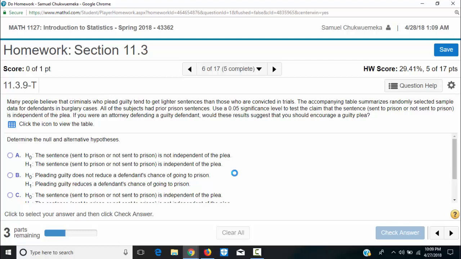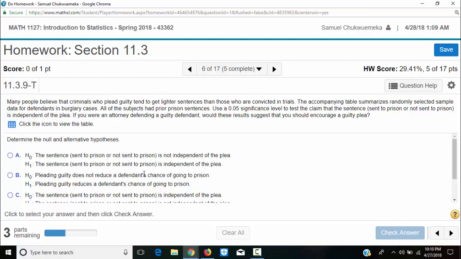All of the subjects had prior prison sentences. Use a 5% significance level to test the claim that the sentence, sent to prison or not sent to prison, is independent of the plea. If you were an attorney defending a guilty defendant, would these results suggest that you should encourage a guilty plea?